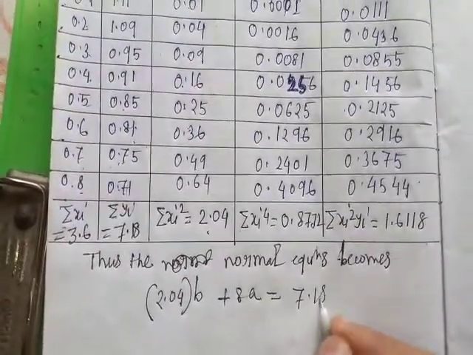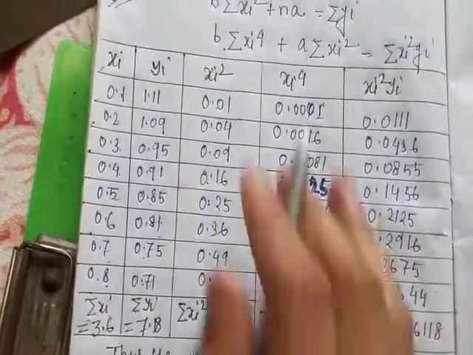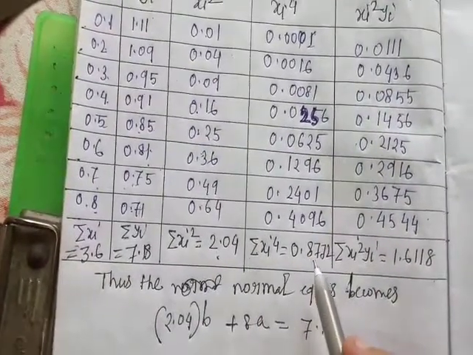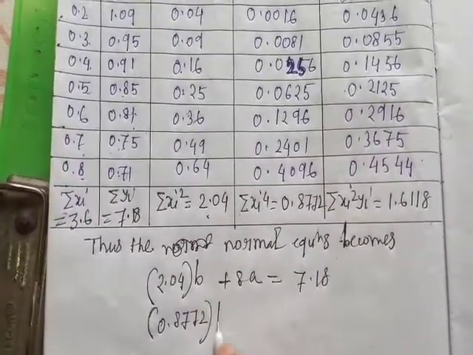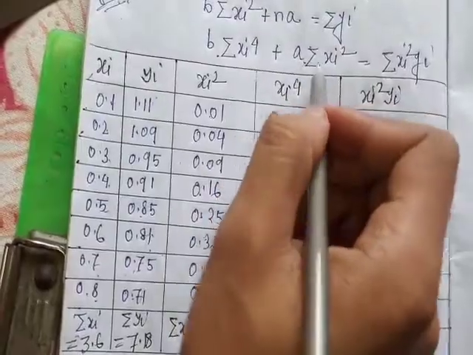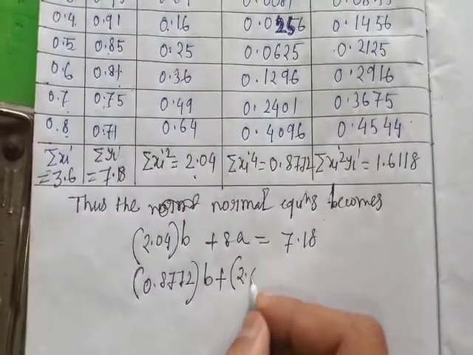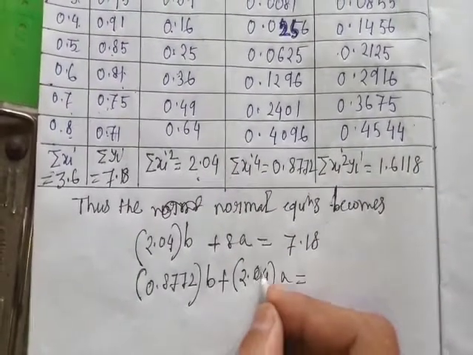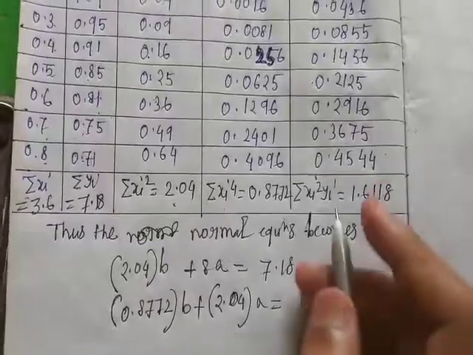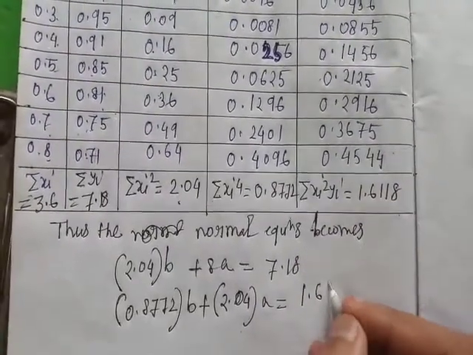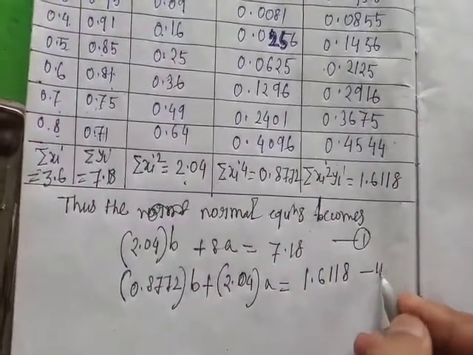That is equation 1. Then 0.8772 into b plus 2.04 into a equal to summation xi square yi, which is 1.6118. That is equation 2.